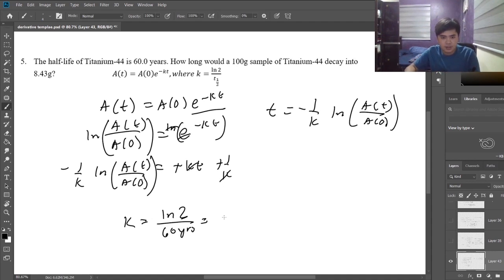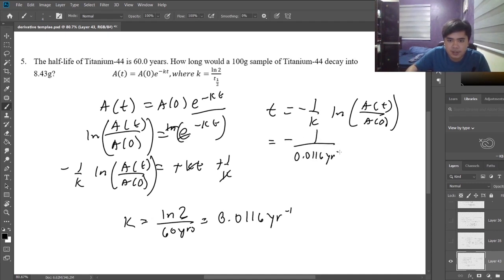This is 0.0116 inverse years. So, negative 1 over 0.0116 inverse years, and then ln of A of t, which is going to be 8.43 grams. This is the amount of material after time has passed. Then A of 0, which is the initial 100 grams.